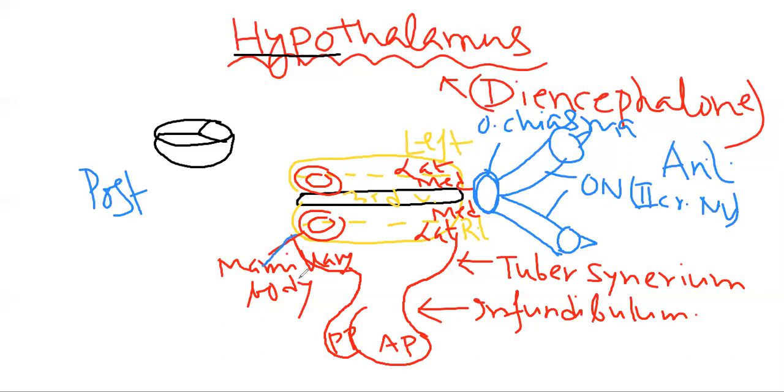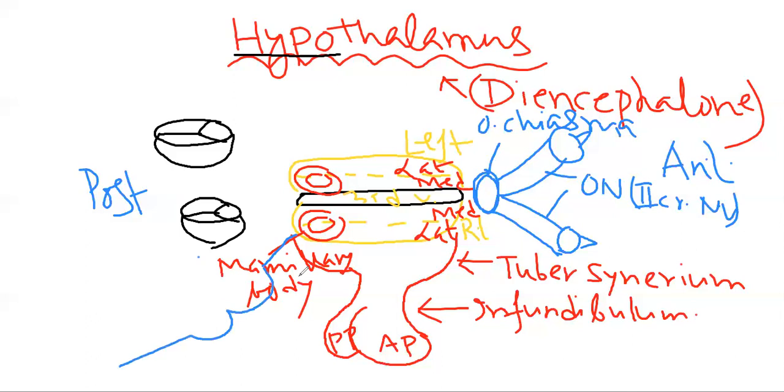So on the left side, there will be one part of the thalamus, and on the right side of course there will also be a part of the thalamus. So this is the thalamus at the right side, and this will be the left side. And from the posterior end of the hypothalamus, the midbrain will come out, then pons will form, medulla and spinal cord.